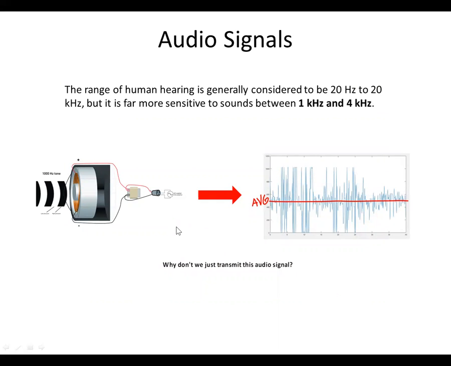So basically what we're trying to do when we're using amateur radio is that we're trying to take some sort of an audio signal. And audio is the range of frequencies that we can hear. The audio signal can be a voice, it could be a digital signal, but generally the information is contained in frequencies from 1 to 4 kilohertz.